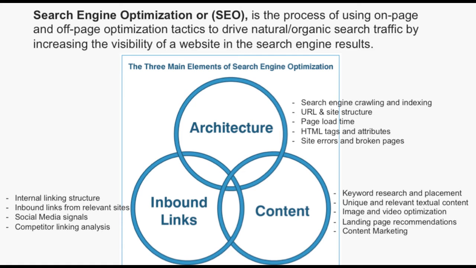Also, as I point out in the slide, social media signals are treated almost as a form of link, because there's human authority behind the share, the like, the post on social media. So that's a very high-level view of what SEO is, and for today's topic, we'll get into more on the content portion.